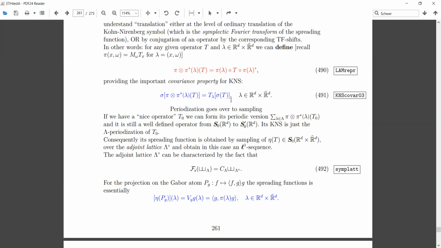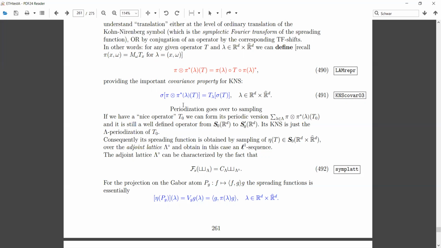So conjugation is this. Now, what was the interpretation of the frame operator for a Gabor family? We're adding up all the projection operators on all our Gabor atoms. How do we get the Gabor atom? We move the original Gauss function by a time frequency shift operator. Then we do the projection, and then we go back.